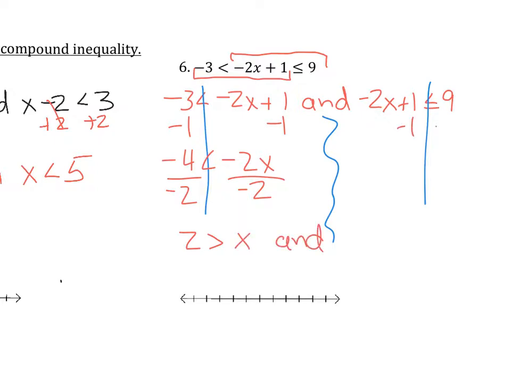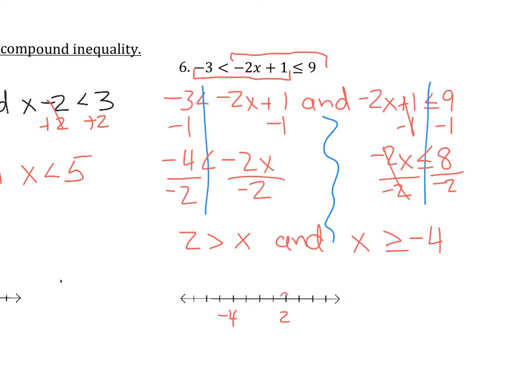Let's solve the other inequality. So subtract 1. Negative 2x is less than or equal to 8. Divide by negative 2. Again, dividing by a negative makes me flip my inequality sign. So now it's greater than or equal to negative 4. So you've got to be careful on this one. It's not written in order, right? My negative 4 is actually smaller than my 2, so just be careful with that.